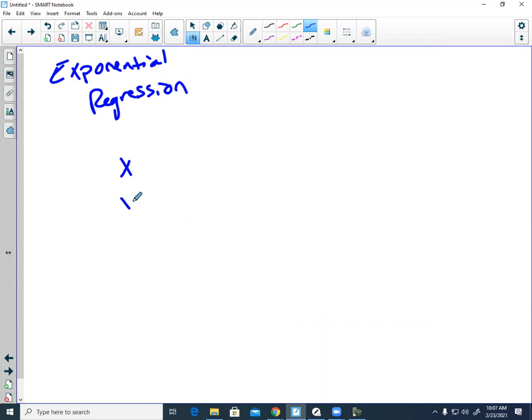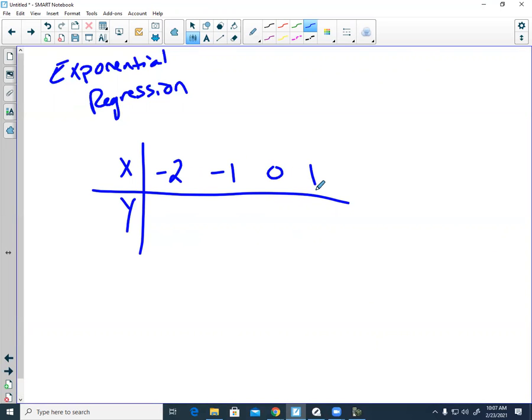We'll be given an XY chart with a whole bunch of X's and Y's: negative 2, negative 1, 0, 1, 2, 3, and then 0.5, 1, 2, 4, 8, 16.